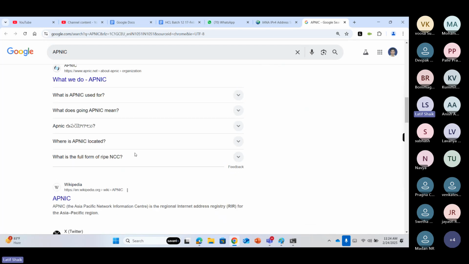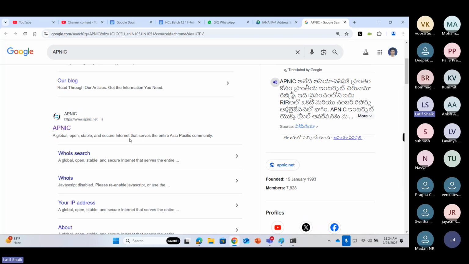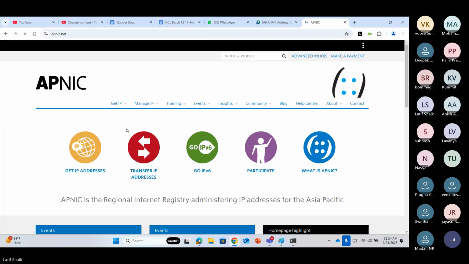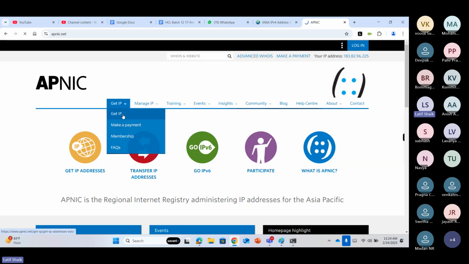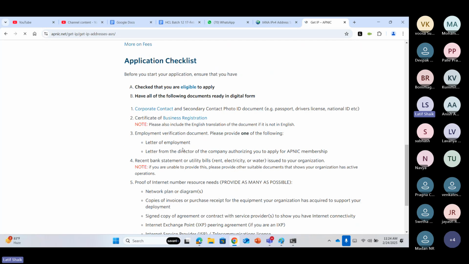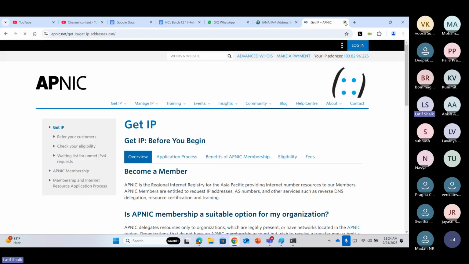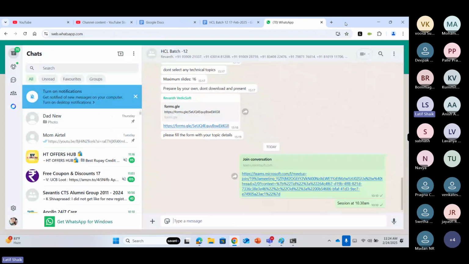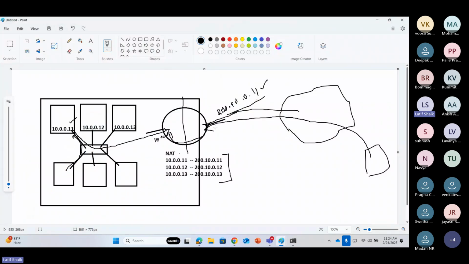It's not Andhra Pradesh, guys, don't think like that. You can get an IP address and make a payment like that. We don't generally do it ourselves. Organizations that need a public IP to communicate will do it. For us, our ISP takes care of the public IP related things.